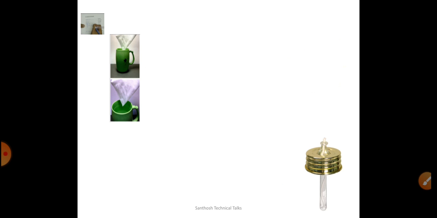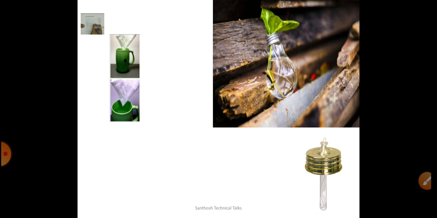Okay, so what do you understand here? A tissue paper is dipped in tea or a cup of water. What happens? The water will rise on the paper. Similarly, a lantern lamp is glowing. How does the oil come up and how does it glow? By means of a phenomenon called capillarity.